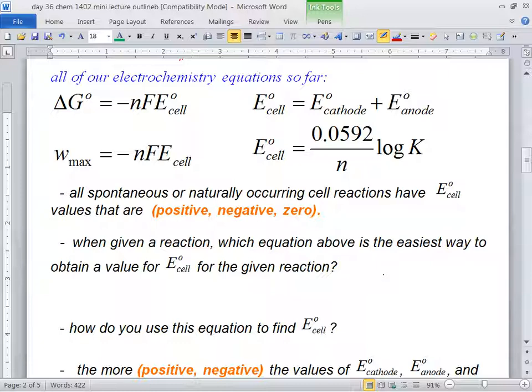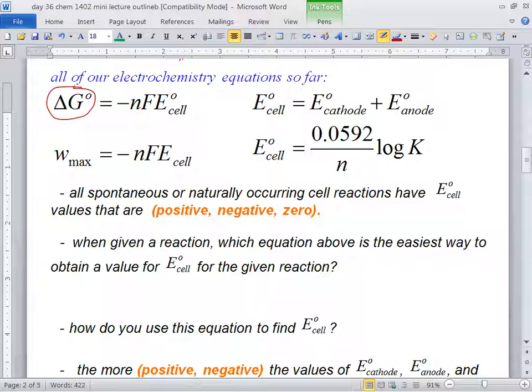Now there's an equation up here that tells you the answer. Because the only thing that we can think about when we think of spontaneous processes is what parameter? What do they call it? Delta G. Do you remember this? This is the Gibbs free energy. That's the only thing we have to predict if something's going to be spontaneous or not.